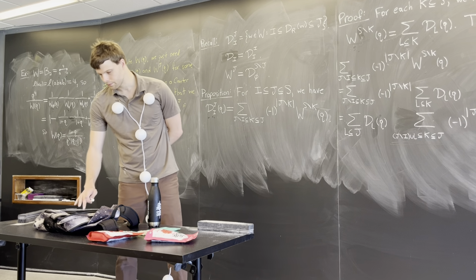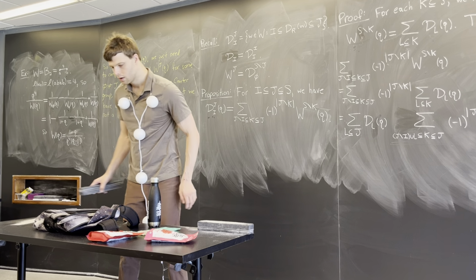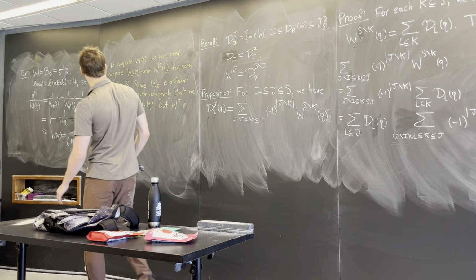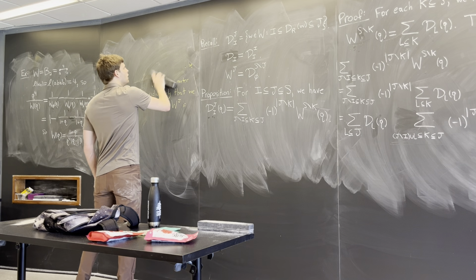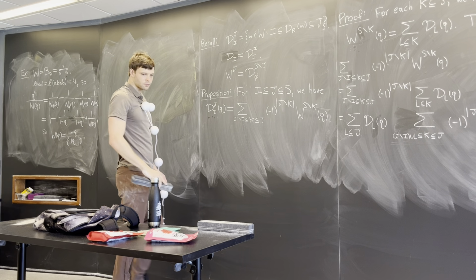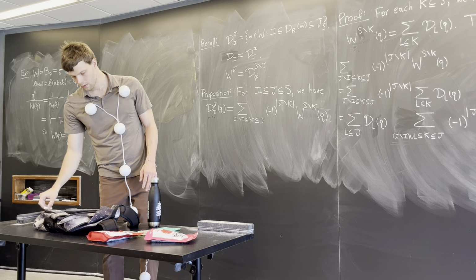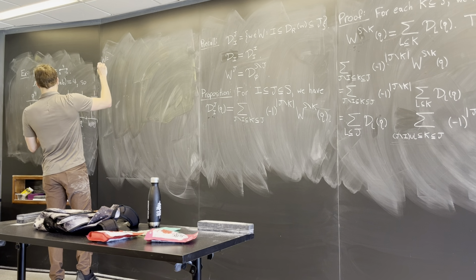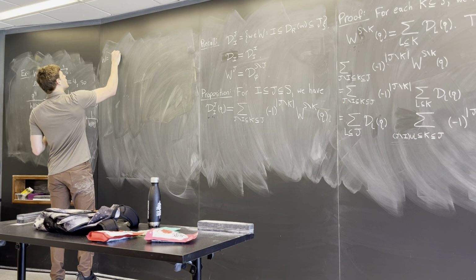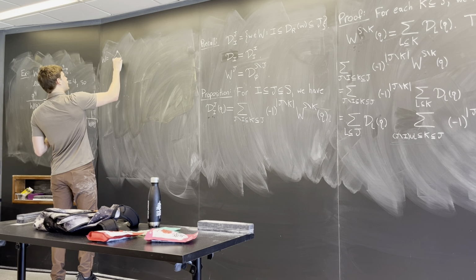So we can do a slightly more difficult example. I mean, it's not difficult, it's just a little more involved. So let's say W is this Coxeter group here. It has this Coxeter graph.